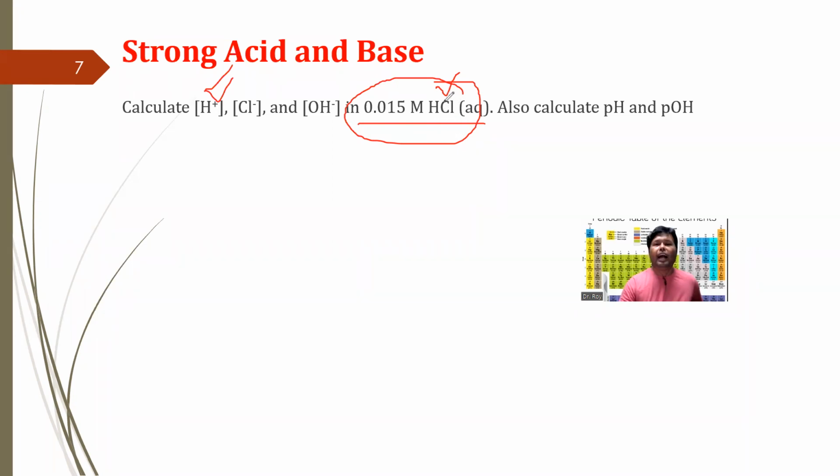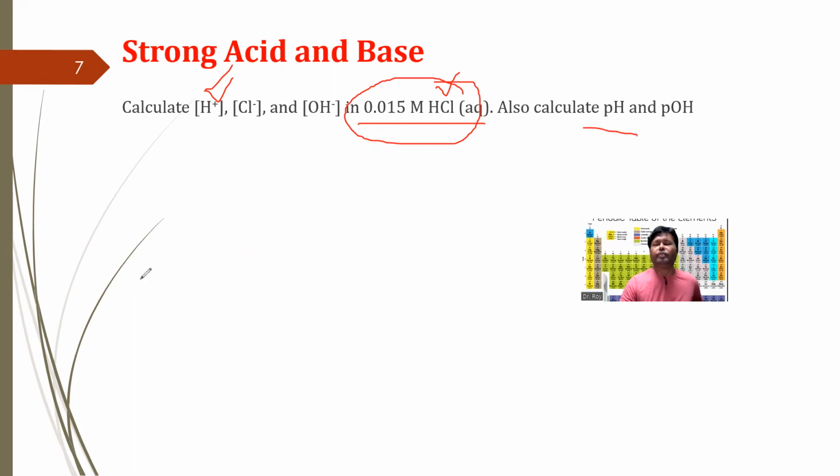Exactly the same number of moles of hydrogen ion and chloride ion as the moles of hydrochloric acid we had. So now we can see that the concentration of H plus is 0.015 mole.